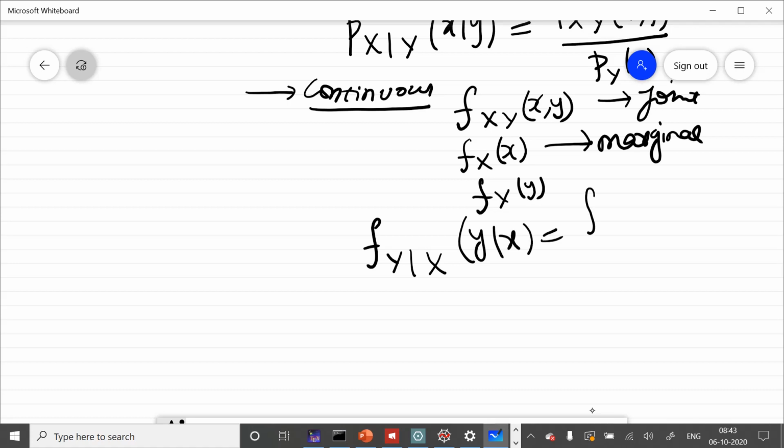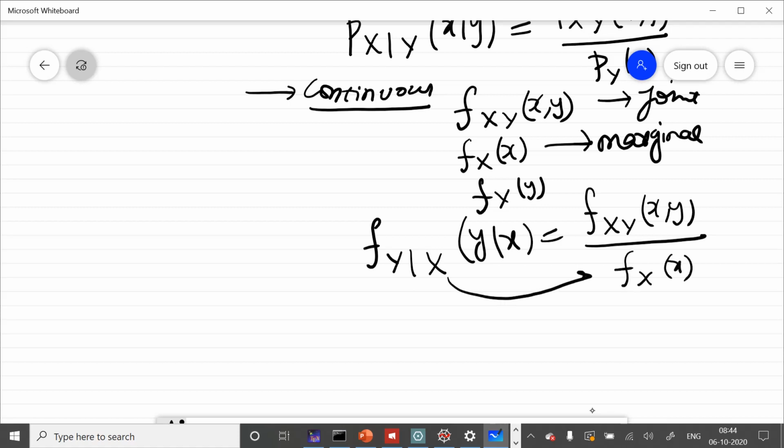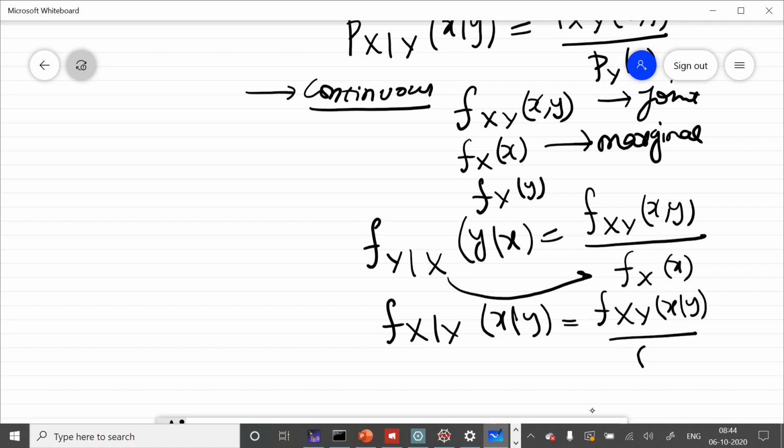So it will be joint divided by, divide with what should we divide? You have to see on what random variable it is conditioned, just to remember it. Similarly, f of x given y is joint divided by f_Y of y.